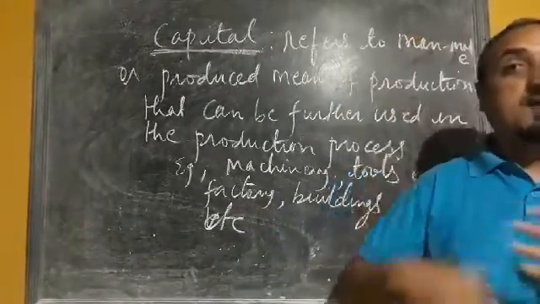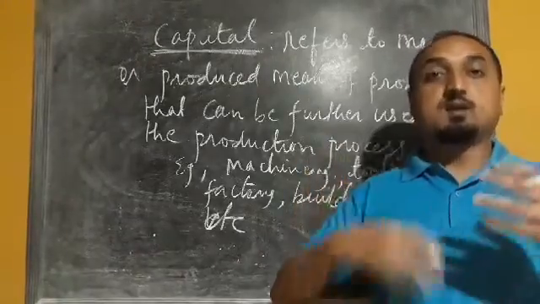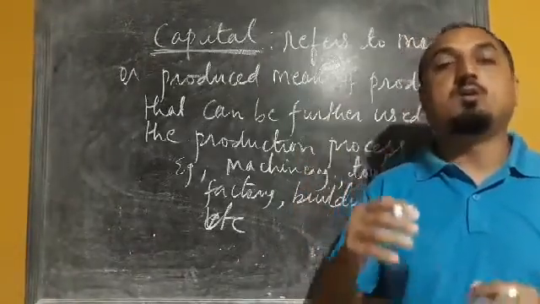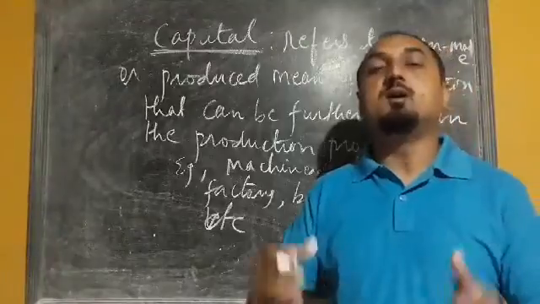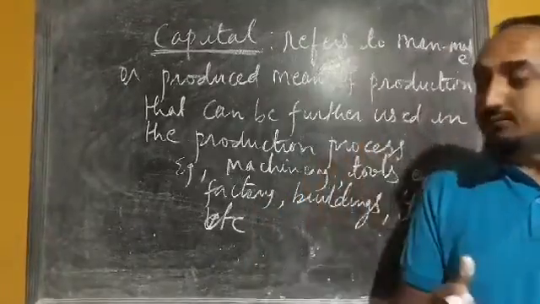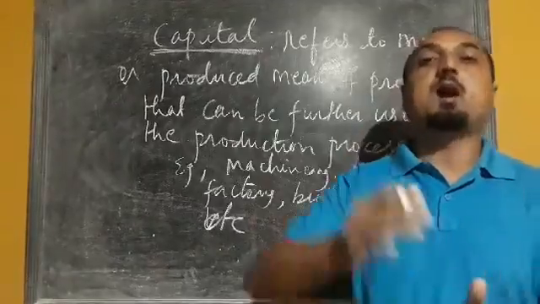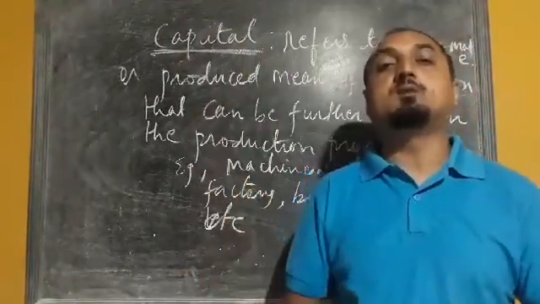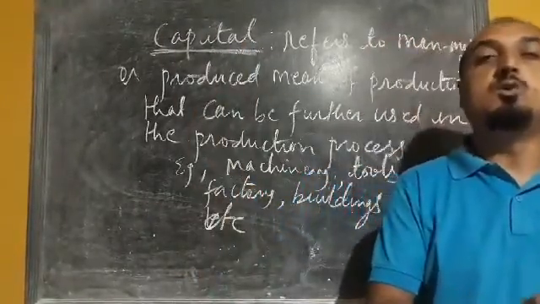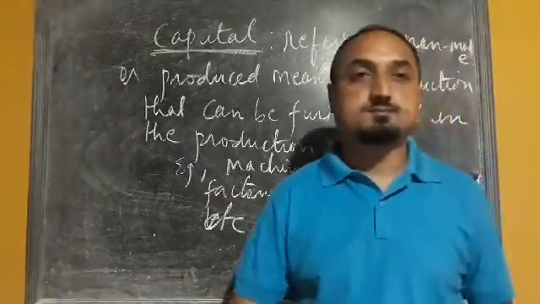After that it may wear out or tear out, or the value of that capital may depreciate. So some capital has very high durability, whereas some has very low durability.